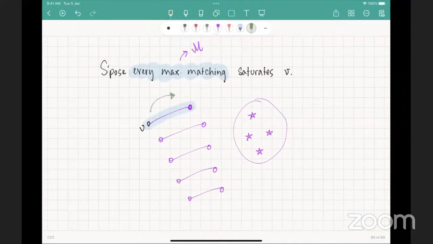Now, the second player, notice that will necessarily end up playing on an edge that does not belong to the matching, right? So this is E that belongs to the matching, and that's the first player's move.